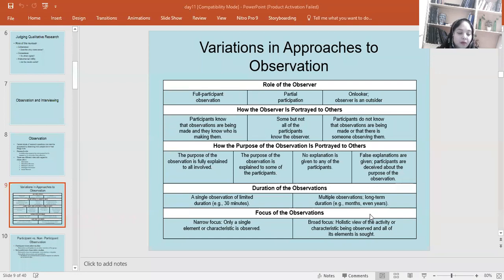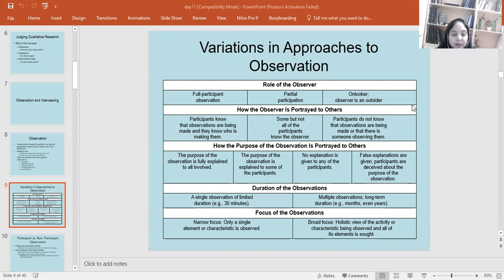There are different roles of the observer, and these roles are full participant observation, partial participation, and onlooker. The observer is an outsider. As I have already discussed, if you are performing the role of a researcher and as a respondent, and you are a part of the setting, that is full participant observation.